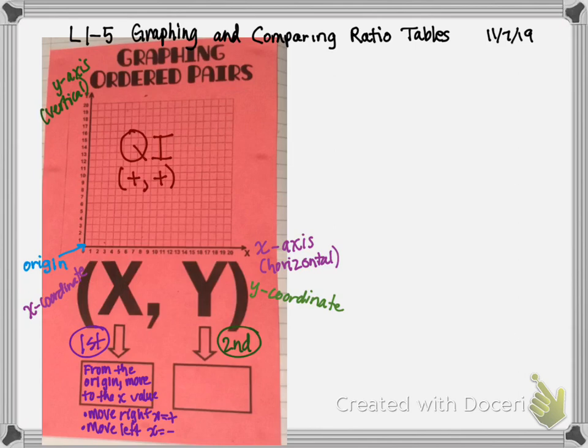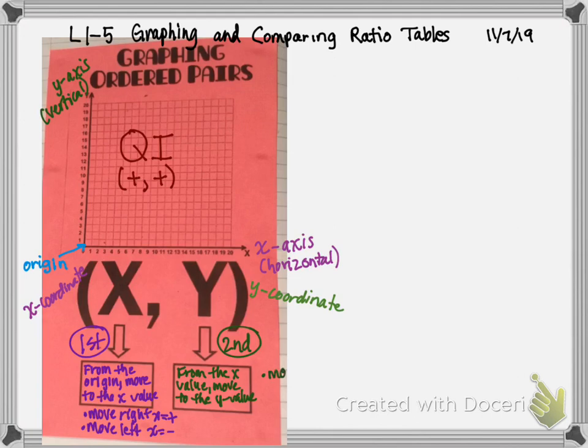Okay? Now, on the second side, from the x value, so that's now our starting point, we're going to move to the y value. Now I'm going to write off to the side what can happen.